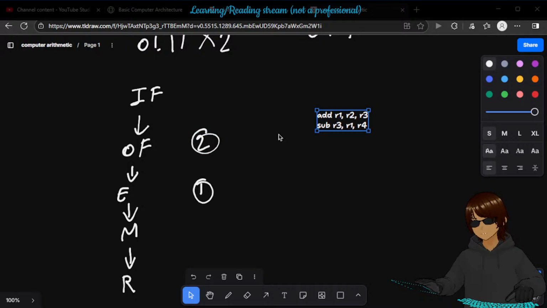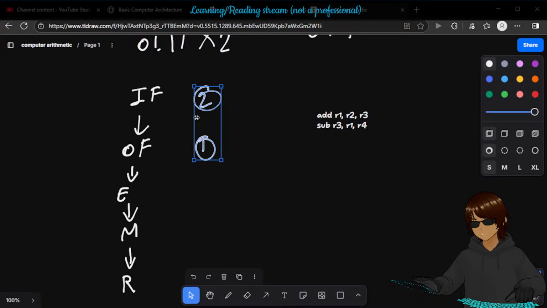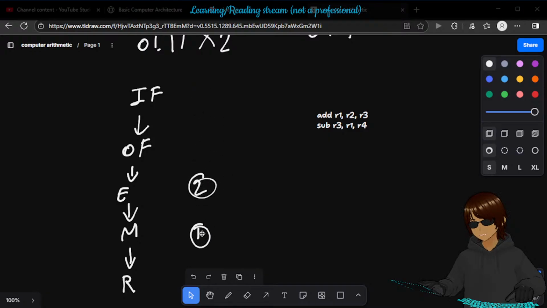Now the problem is, R1, R2, R3. By the time instruction 2 is in the execute stage, the value of R1 hasn't been written to yet, because that happens in the register stage.